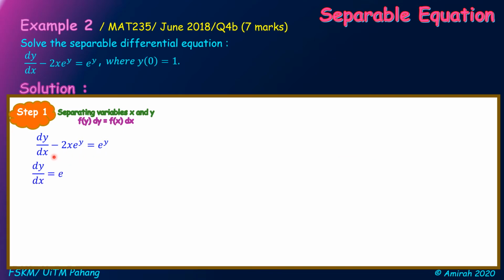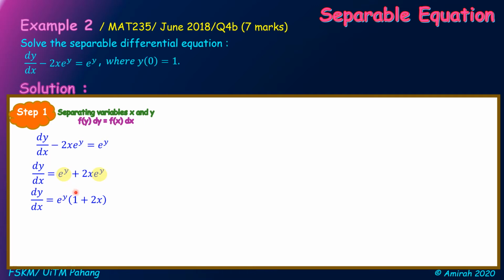Okay, so from the given question, what we should do is move subtraction to the right hand side. Then we have plus 2x e to the power of y. And now we have two terms containing e to the power of y, so all terms on the right hand side contain e to the power of y. So we can factorize e to the power of y.